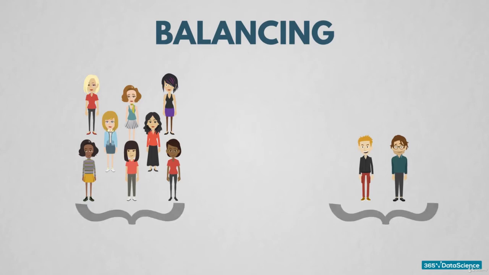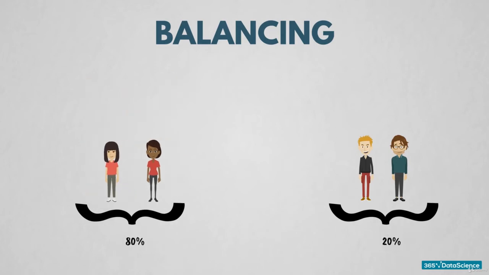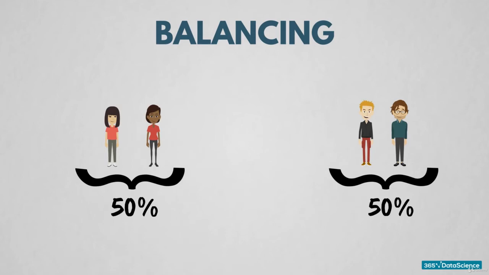However, when you have your data, you notice that 80% of respondents were female and only 20% male. The trends you may notice are not going to be towards men as much as they are to women. To counteract this problem, applying balancing techniques would be the best thing to do, such as taking an equal number of respondents from each group, so the ratio is 50-50.